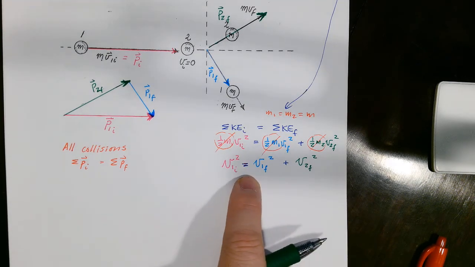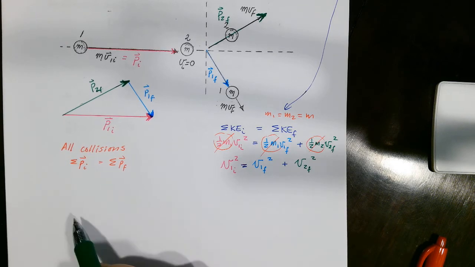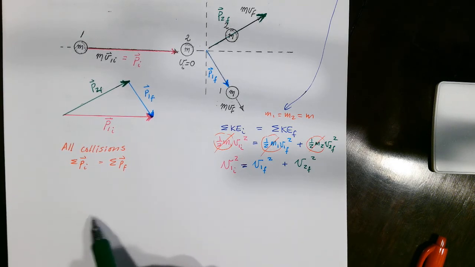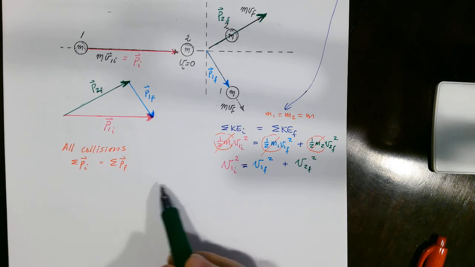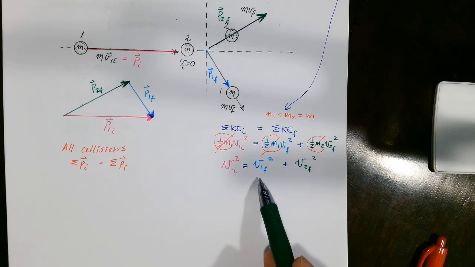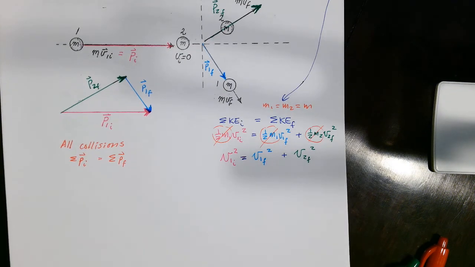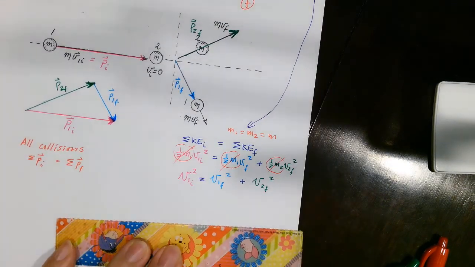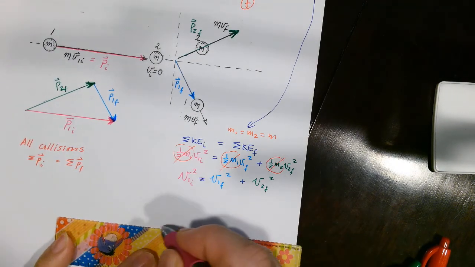So if I were to draw v1 initial, v2 final, and v1 final, this only works for right triangles.